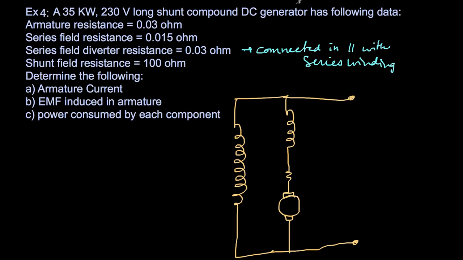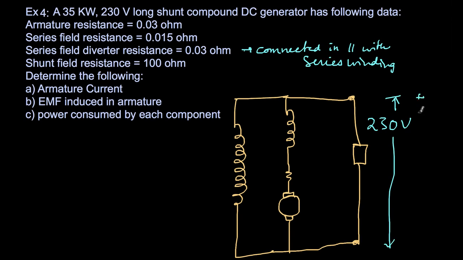This is the load here. 230 volts is the output voltage. The same 230 volts will apply to the field winding, and you see shunt field resistance is 100 ohms. So from this I can calculate 230 volts divided by 100 ohms. I'll get 2.3 amperes flowing in the field current.